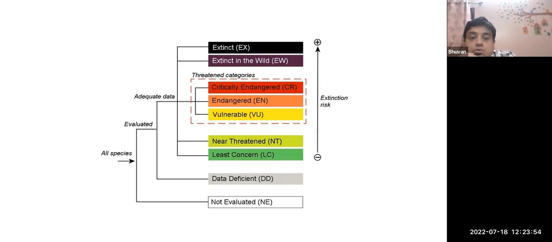The evaluated ones are further divided into data deficient, and the ones with adequate data are further divided into seven categories, which include extinct, extinct in the wild, critically endangered, endangered, vulnerable, near threatened, and least concern. As we move from least concern to extinct, the risk of extinction increases, from least concern towards critically endangered or extinct in the wild.